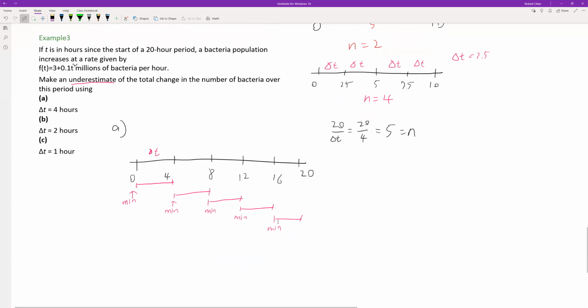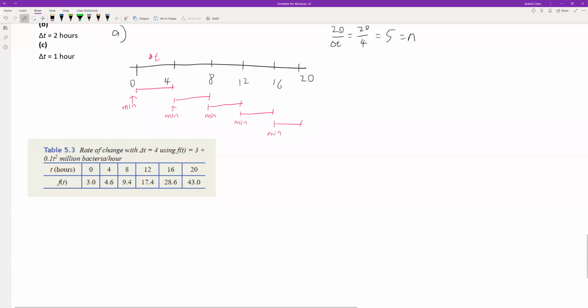All right, so let's do this. I have a table ready here. At t equal to 0, we have 3.0. When t is 4, we have 4.6, and so on. Now to underestimate between 0 and 4, let's call that part 1.